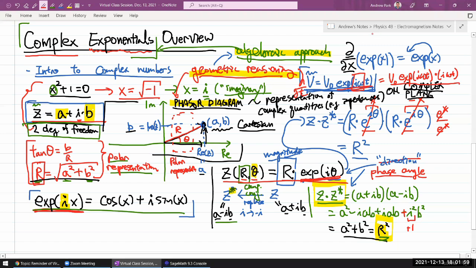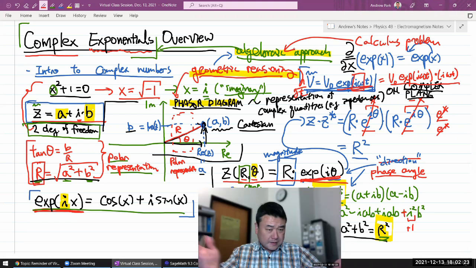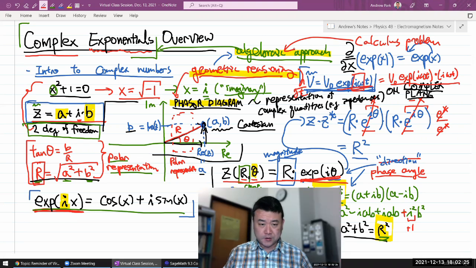This kind of a calculus problem, complex exponentials will turn into an algebra problem. And you see that simplification when you're watching the lectures, how we cover both the time-dependent and AC circuits using complex impedances. So this is an overview of the complex exponentials.